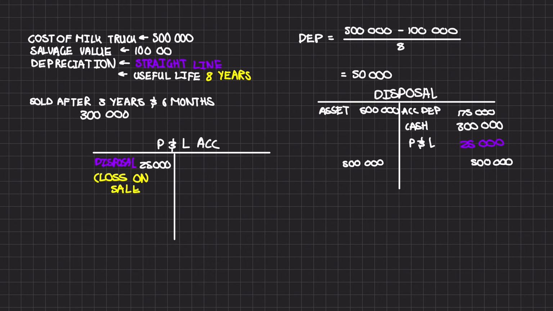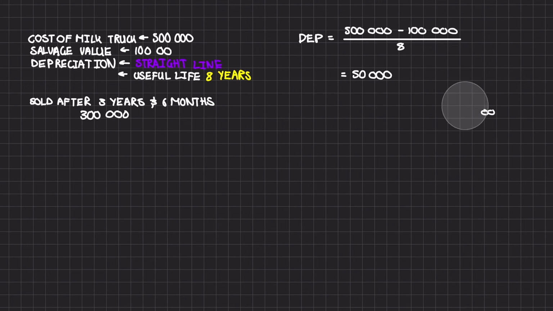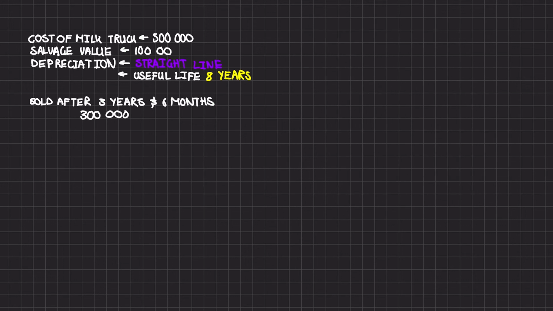Now, it might be hard to see with all the accounts that there is a loss, so I'm going to try to explain just logically why we got that loss. Okay, so we know that this asset had a cost of 500,000, right? And we know that we sold it for 300,000, right? So you might be saying, well, why wasn't there a 200,000 loss?